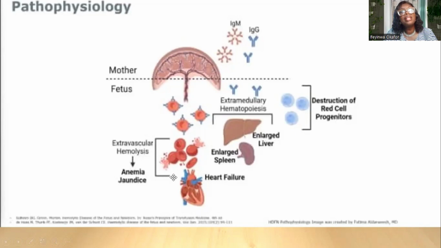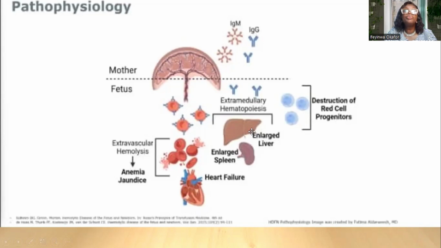And then because the red cells are being destroyed, extramedullary hematopoiesis is triggered. Therefore, the liver and the spleen are also involved in producing more and more red blood cells to compensate for the anemia that is going on in the baby. And then the heart is also overlabored.